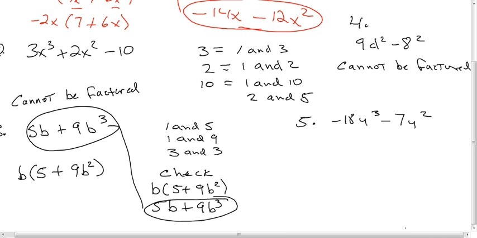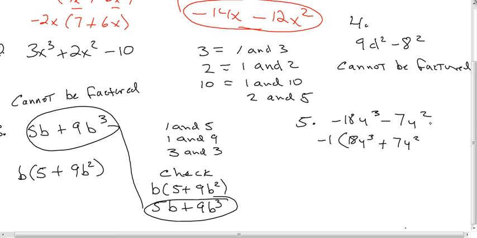So now here's a time when, since both coefficients are negative, we want to factor out a -1. Before we didn't do it, but let's do so here to show you how it works. So we're going to factor out a -1, and -1 into -18y cubed goes 18y cubed, and -1 into -7y squared goes plus 7y squared.